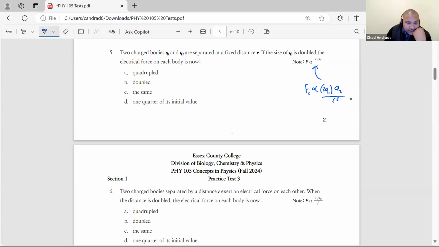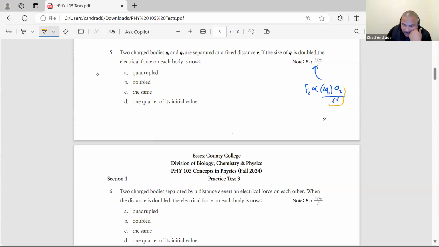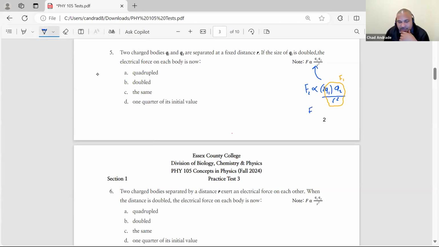Now, if you look at this formula, I'm going to use a different color, orange. I'm going to highlight one part of this formula, without the two. That is F1. F1, remember, is Q1 times Q2 divided by R squared. I'm hoping you guys see this. This is me doing it the longer way, but it's making sense.